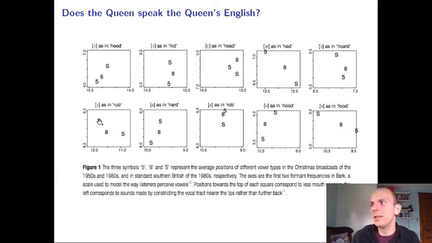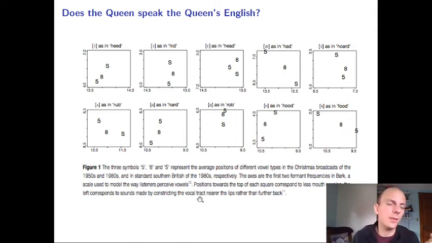So the 8 typically appears between the 5 and the S. The Queen has shifted towards standard. Is there any exceptions here? This one's a little less clear, but generally the 5 is further away from the S than the 8 is. So change still happens over time.